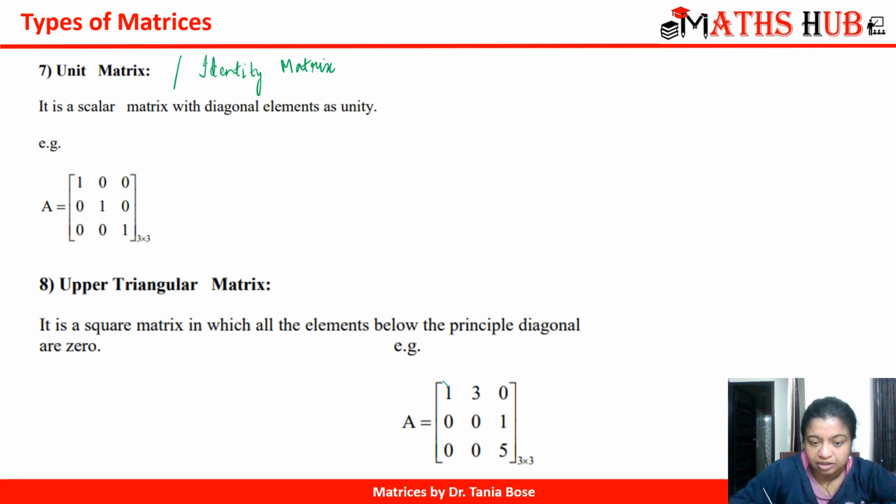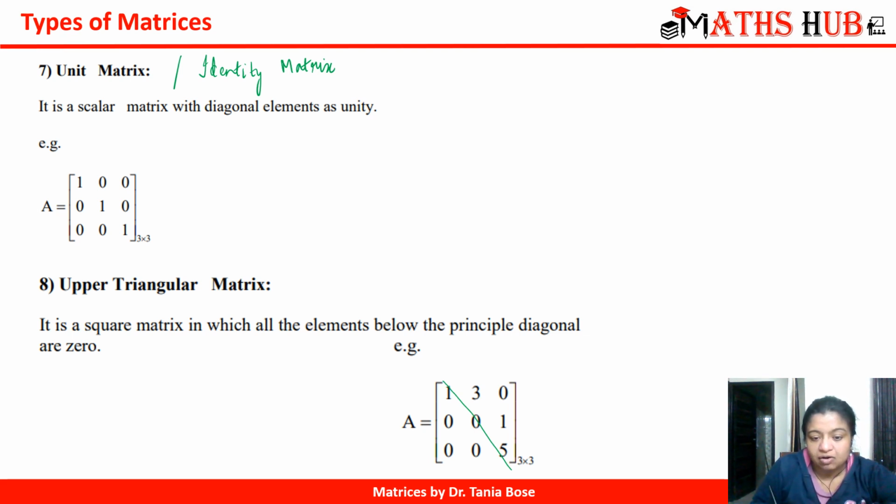If you check where the row number and the column number are the same, here the position is A11, this is A22, this is A33. You can see that the row number and the column number are the same only in these 3 positions. So this is your principal diagonal. Mark the principal diagonal. All the elements below the principal diagonal should become 0. Then we say that the given matrix is an upper triangular matrix.